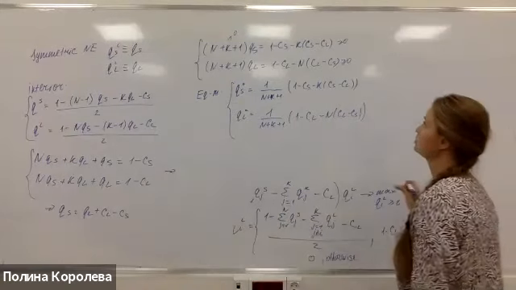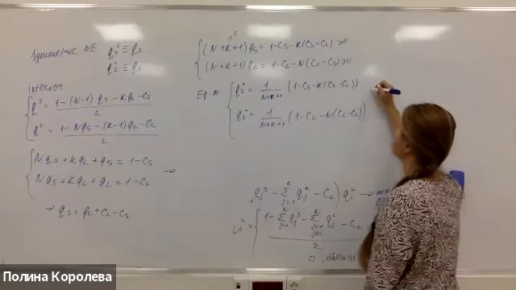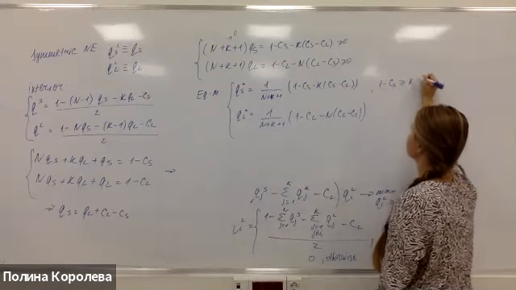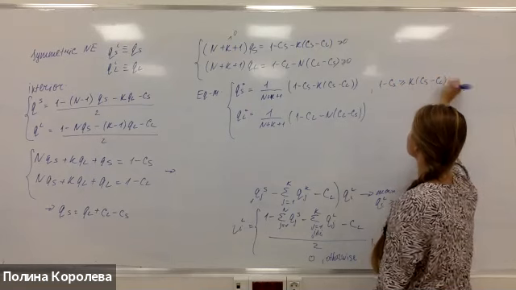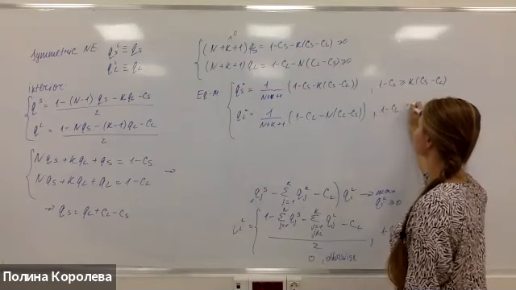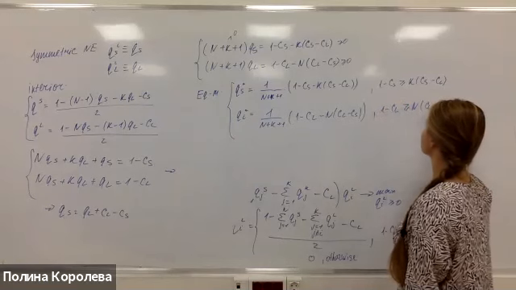And this is true when 1 minus CS is greater than or equal to K CS minus CL for such parameters, and 1 minus CL should be greater than or equal to N CL minus CS.